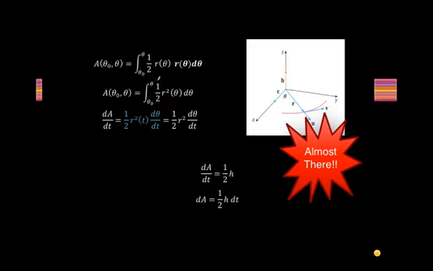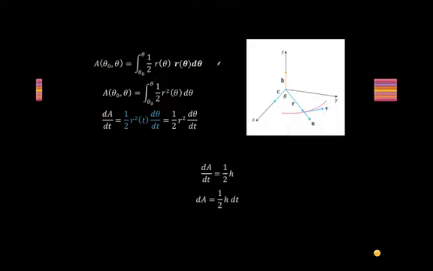We're now getting closer to proving Kepler's second law, and we just need to look at the area swept out. This can be done by summing up the area of infinitely thin isosceles triangles of side length r that make up the ellipse, and using a small angle approximation to get their areas. We know that the area of a triangle is given by half times the base times the height.